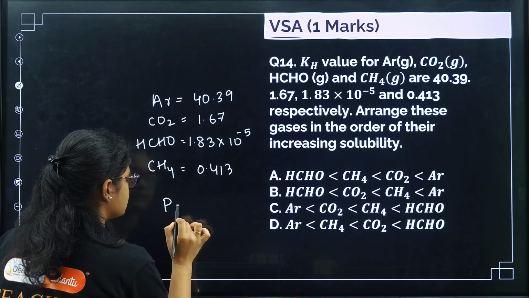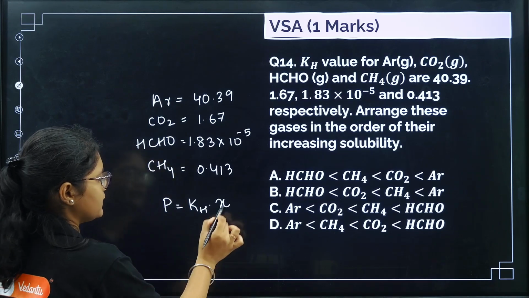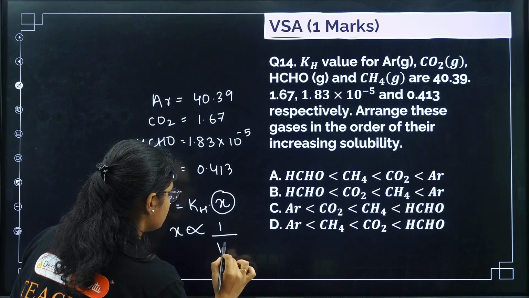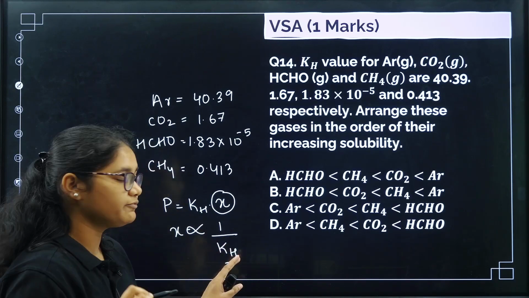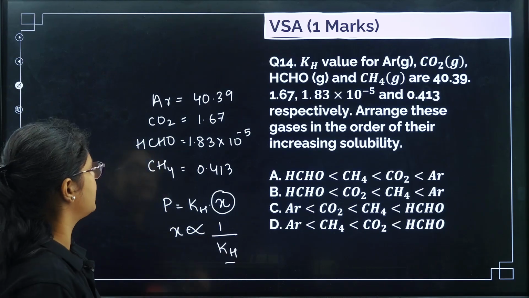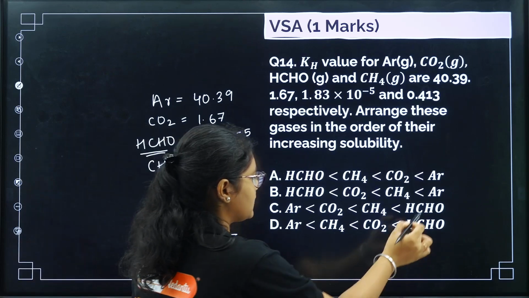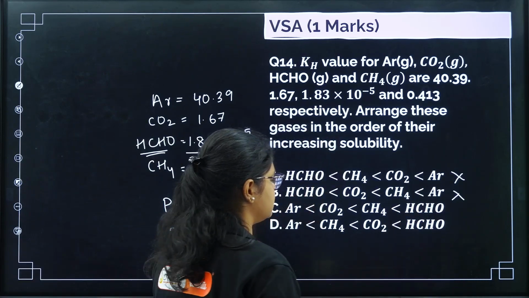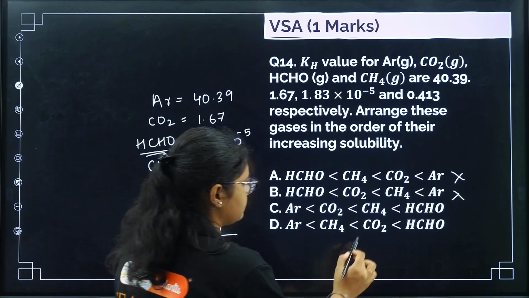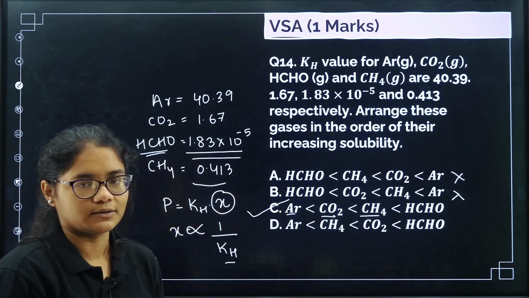So if you have P is equal to KH into mole fraction, now if you see solubility, X is proportional to 1 by KH. So if KH value is less, solubility will be more, right? This one is the least KH value, so its solubility will be highest. So we can eliminate these 2 options, we can consider these 2 options. Now the next lowest value is of methane, CH4, then it is of CO2, and lastly argon. The correct answer is option number C here.